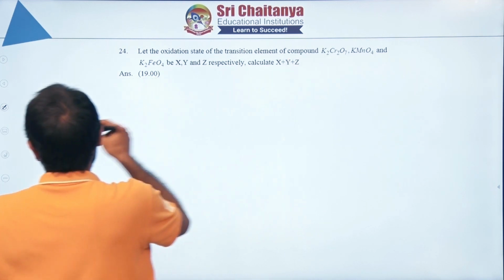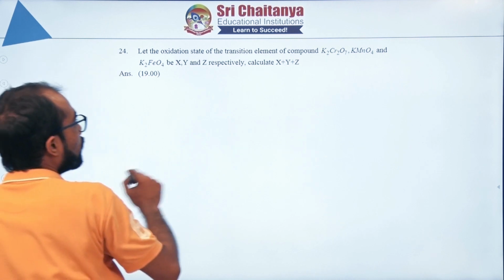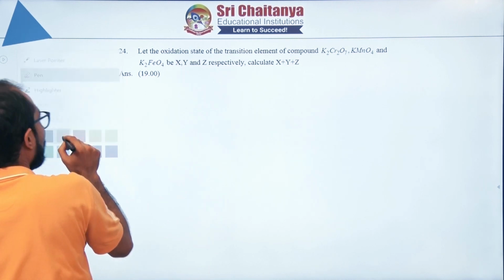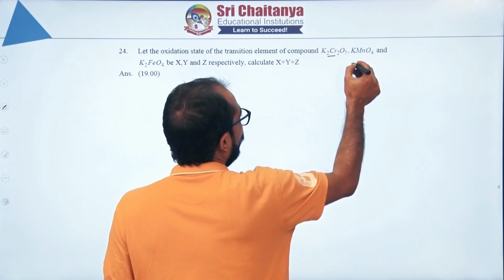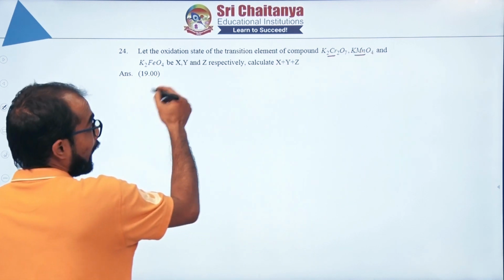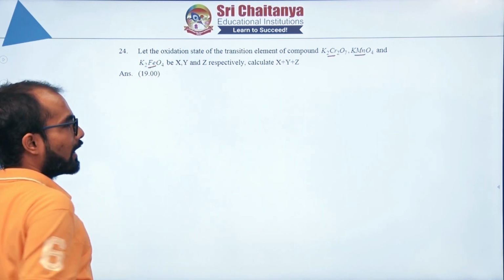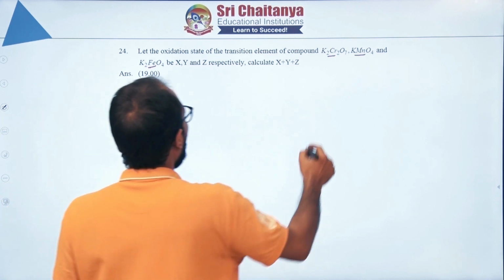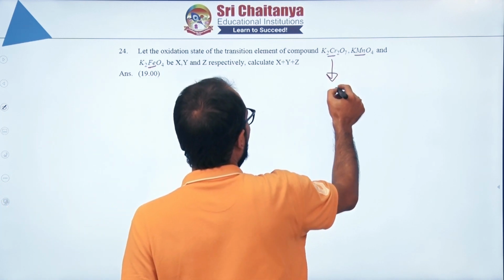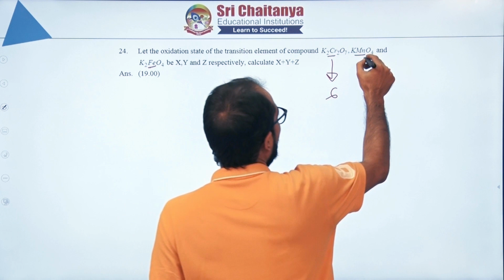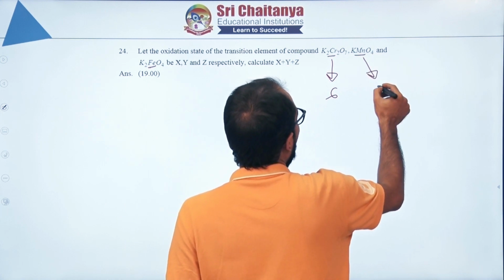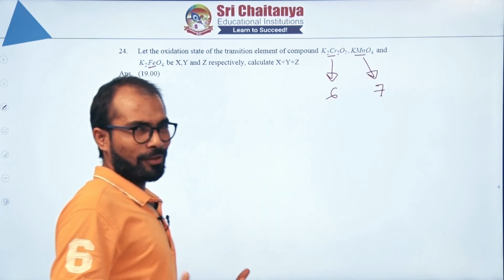Oxidation state, of course, they are asking about the highlighted one, chromium, manganese and iron. Now, you have to work it out. The oxidation state here, you know it is 6, here you know it is 7. These are very basics, everybody knows.